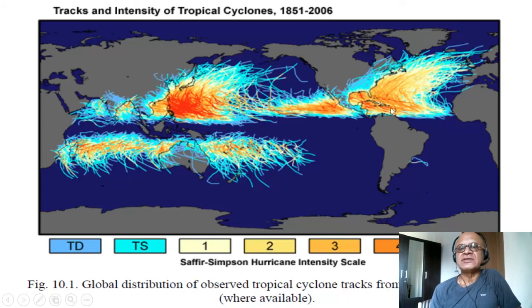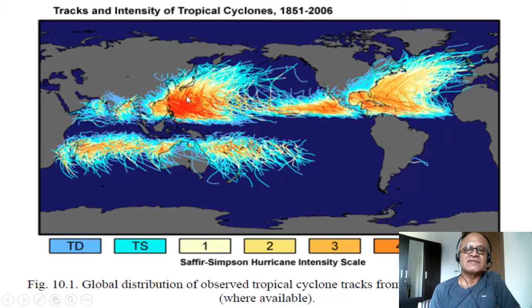And you can see the general direction of propagation here as well clearly. They are forming around here, and they are going towards the northwest generally, and then they veer off towards the high latitudes and become eastward. If they survive till then, often they can get dissipated, or they can hit land and then dissipate over land.